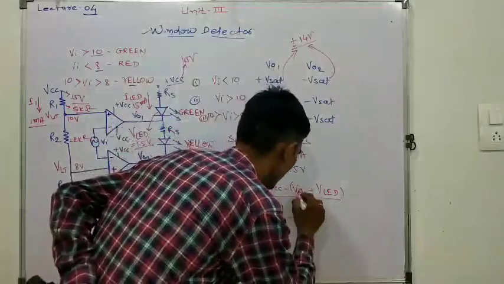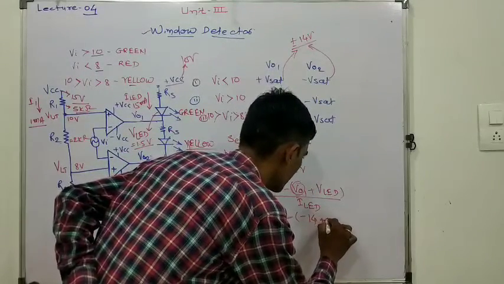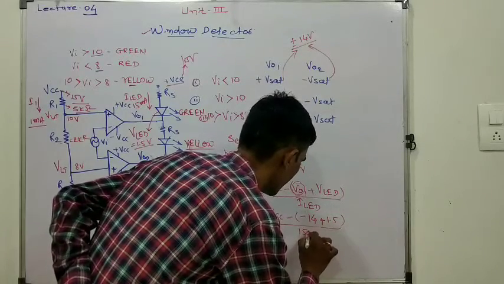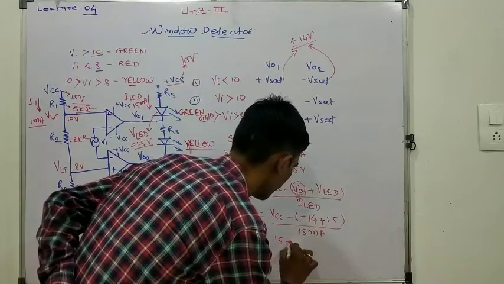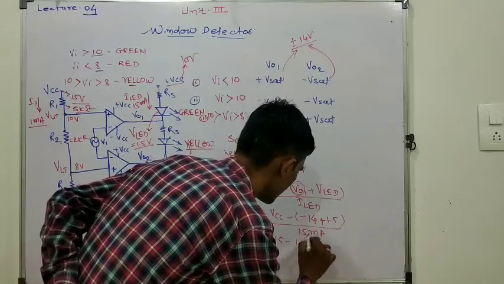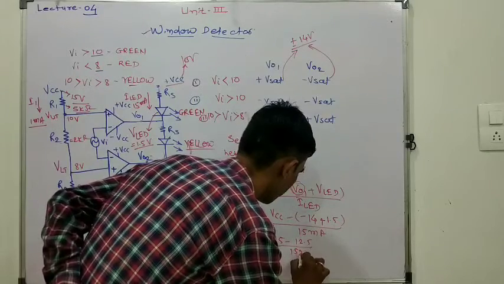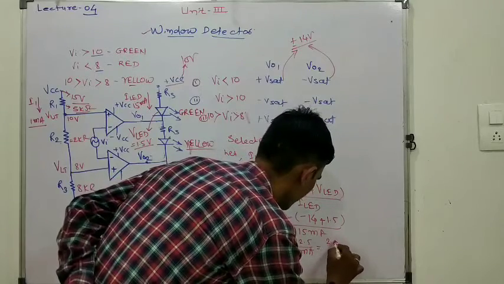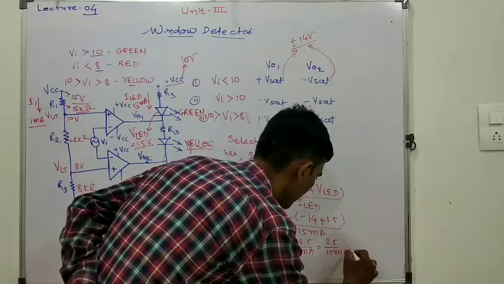So this is minus 14 plus 1.5 volt divided by 15 milliampere. So it is 15 minus, it is 12.5 volt divided by 15 milliampere. So it is near about 2.5 divided by 15 milliampere.